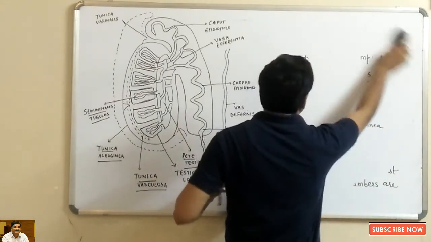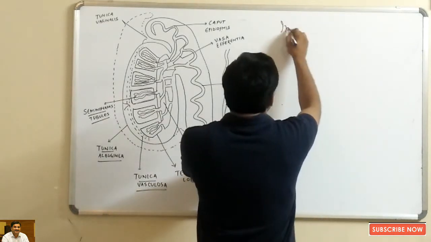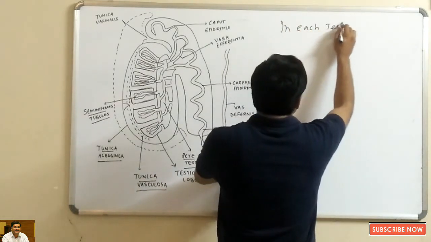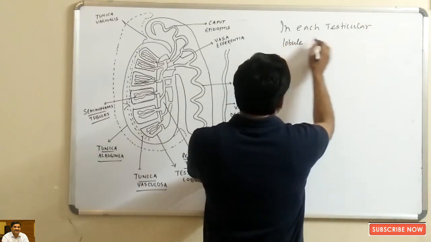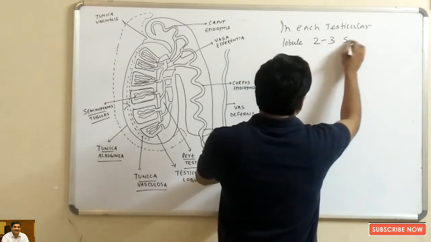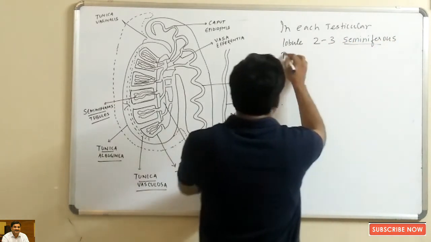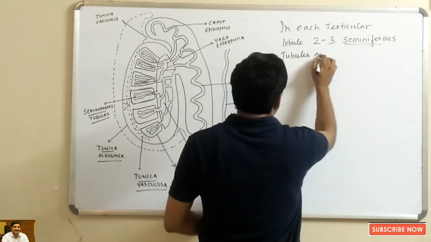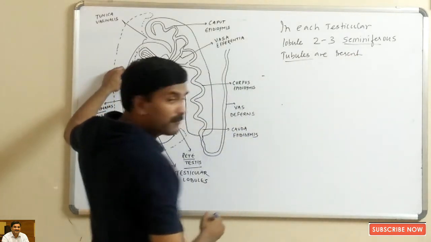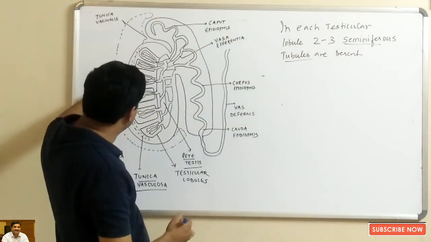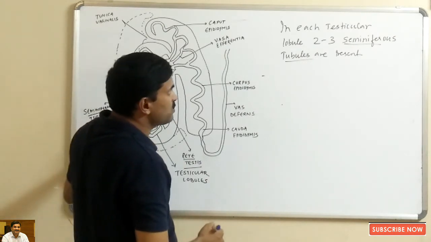Now what is present in the testicular lobule? In each testicular lobule, 2 to 3 seminiferous tubules are present. Say if this is the chamber, then in this chamber at least 2 to 3 seminiferous tubules are present.